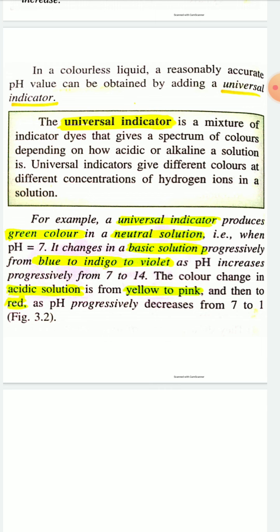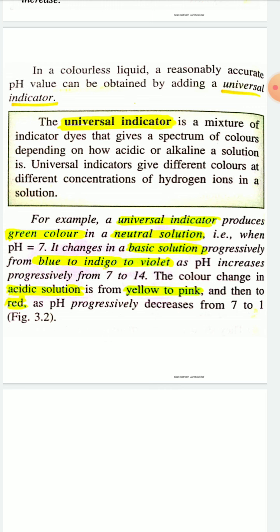The universal indicator is a mixture of indicator dyes that gives a spectrum of colors, that is, different colors depending on how acidic or alkaline a solution is. Universal indicator gives different colors at different concentrations of hydrogen ion in a solution.